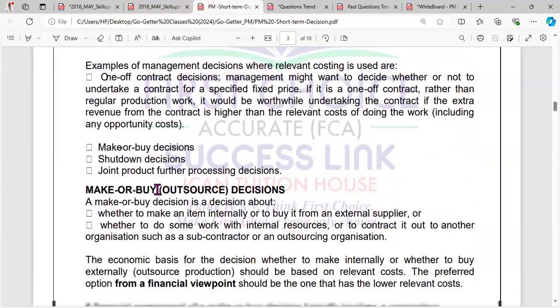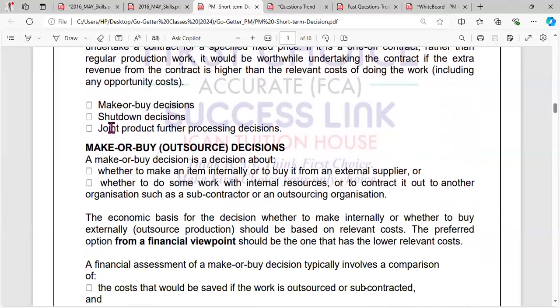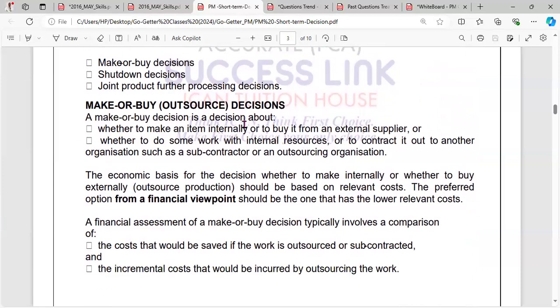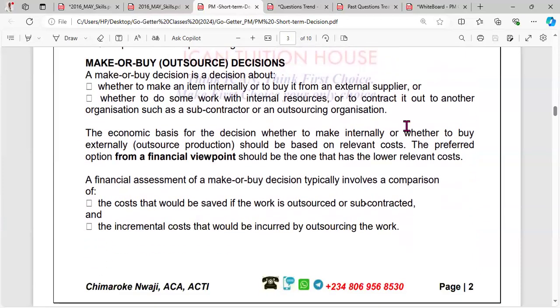We're going to be looking at make or buy decisions, shut down decisions, joint products, or further processing. We may not be able to take the joint product or further processing, but we'll look at make or buy decisions. Now let's look at make or buy decisions.